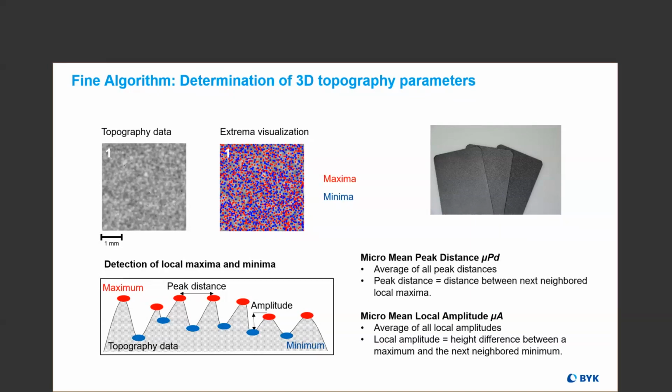And the local amplitude is the height difference between a maximum and the closest neighboring minimum. And of course, the micro-mean local amplitude is the average of all local amplitudes. So for this algorithm, we've ditched the whole idea of cells because they don't really make sense for this type of surface. And so we only focus on the local maxima and minima points.